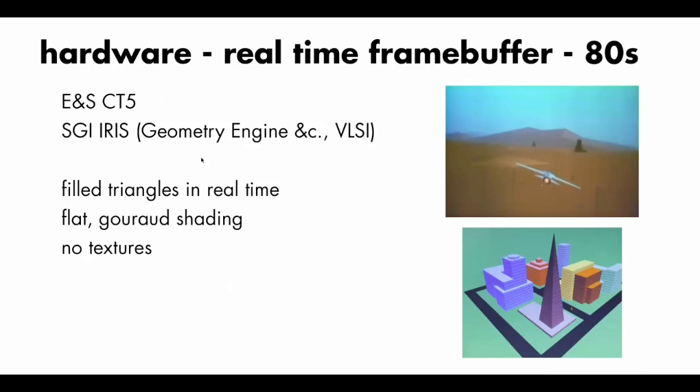And SGI, Silicon Graphics, developed the geometry engine, which is a vertex processor. They did that using very large scale integration. They built single chips, and it was not some huge racks of 19-inch racks like the E&S thing, which probably took up a room or whatever.